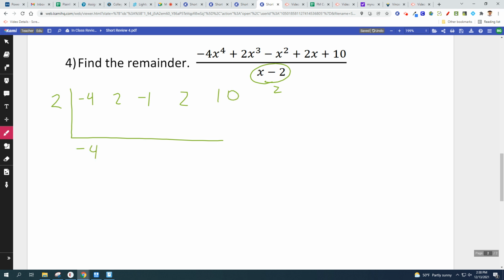Add down and multiply diagonal. Add down and multiply diagonal. Add down. That's your remainder, unless I messed it up, but that is your remainder.